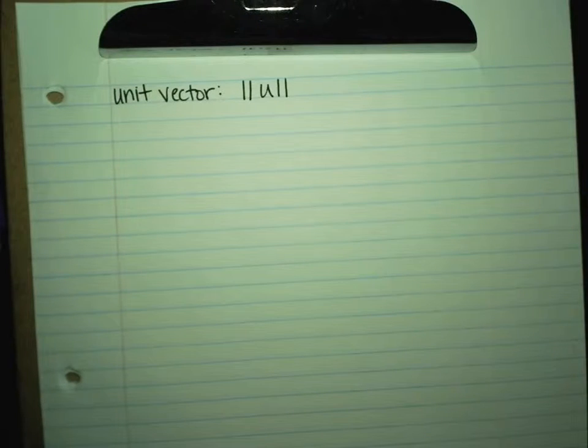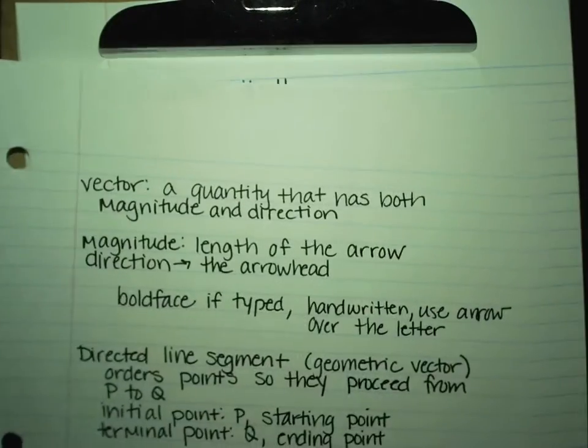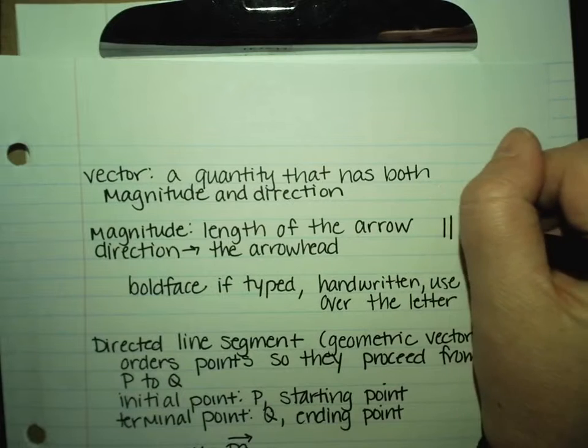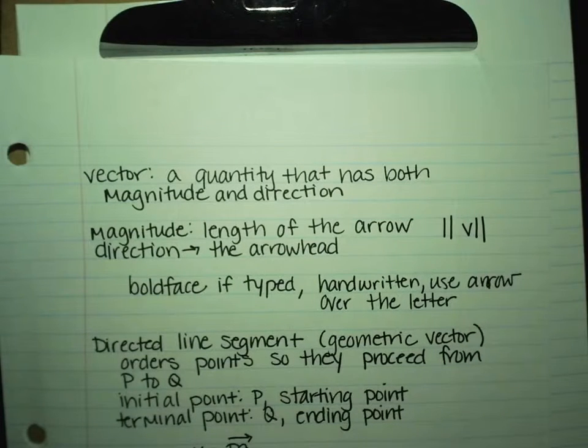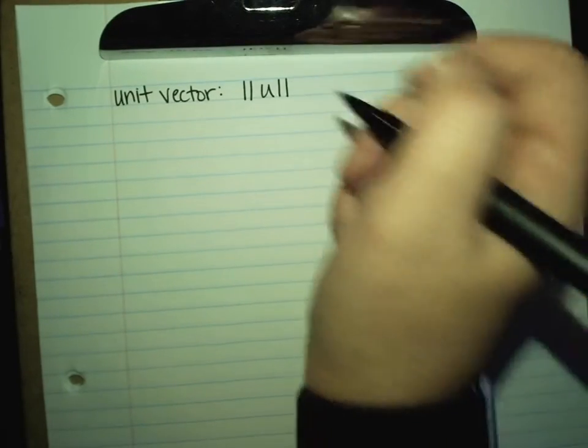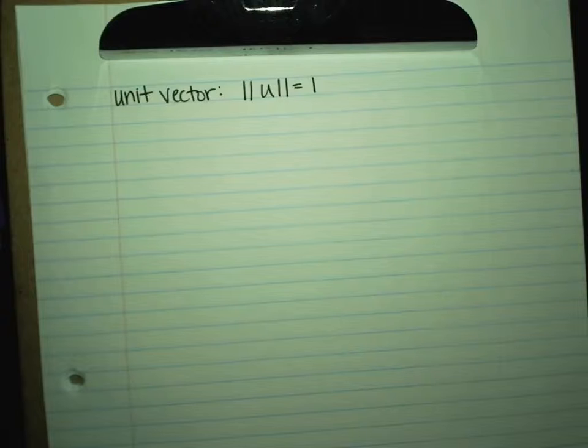That's our symbol for magnitude. I should have mentioned that up here. So back with magnitude, magnitude of V. The unit vector, its magnitude is equal to 1.